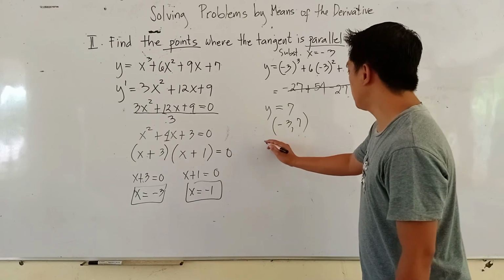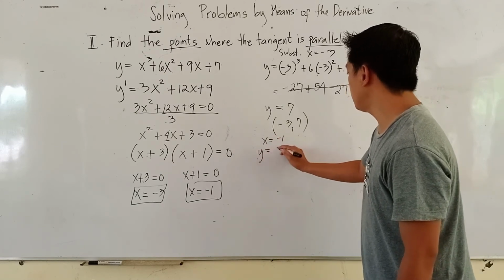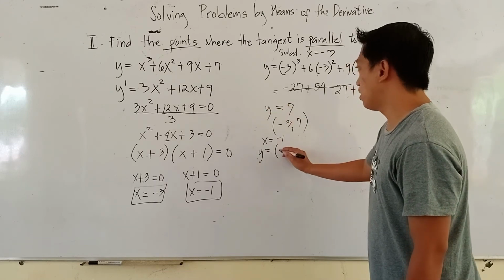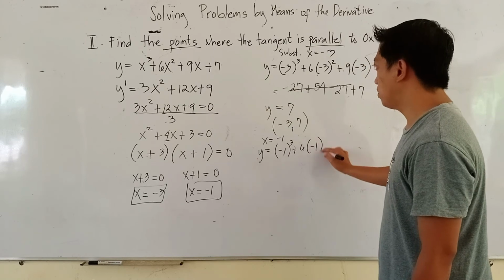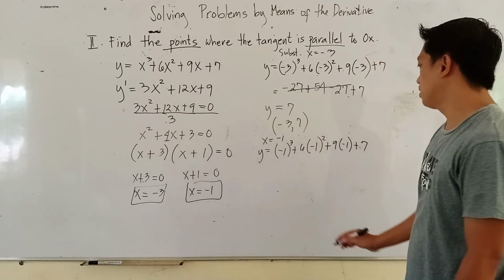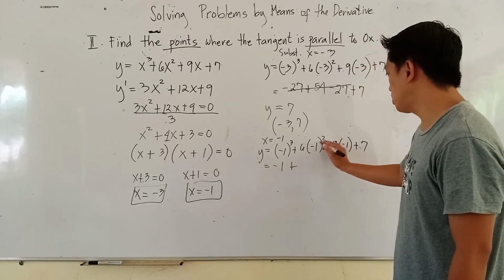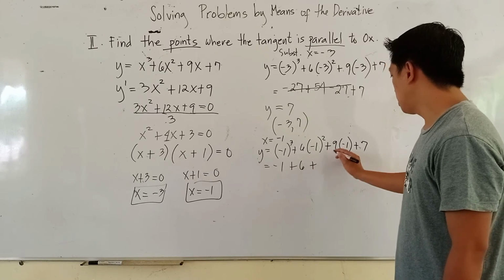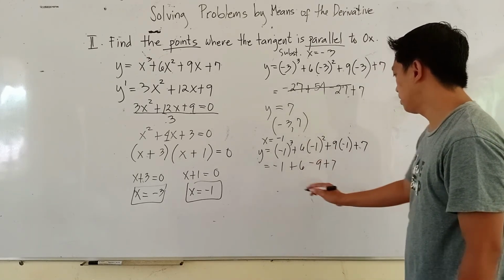Next, we will substitute x equals negative 1. So we have y equals, to our original equation, negative 1 cubed plus 6 times negative 1 squared plus 9 times negative 1 plus 7. So negative 1 cubed, that is negative 1 plus negative 1 squared is 1 times 6 is 6. Negative 1 times 9, that is negative 9, minus 9 plus 7.